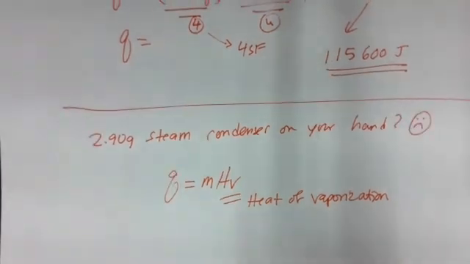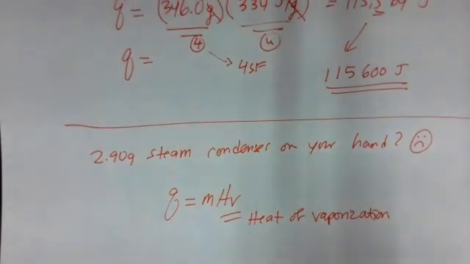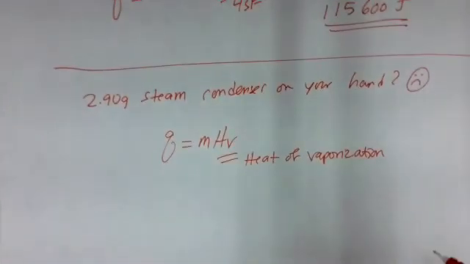That's another constant. Every substance has one. Now, the heat of vaporization constant is the amount of energy it requires to vaporize 1 gram of a substance into a gas, or how much energy is released when 1 gram of a gas is condensed into a liquid.